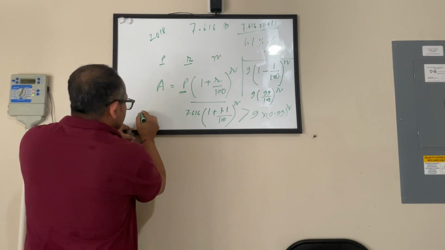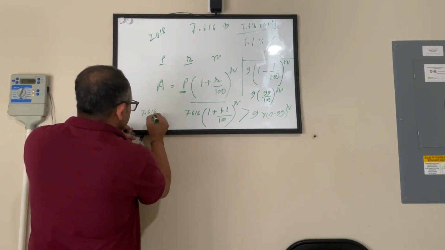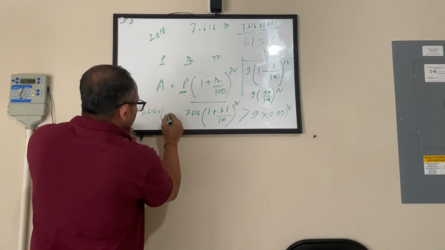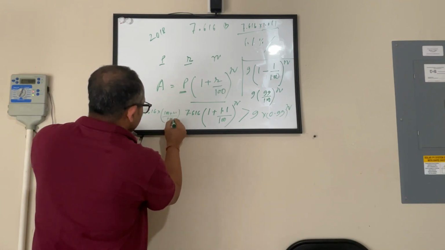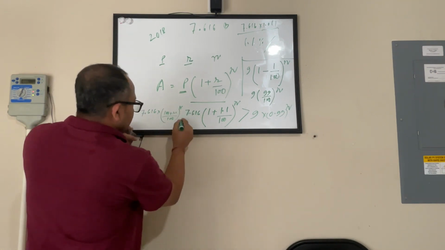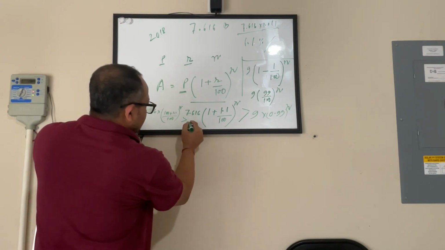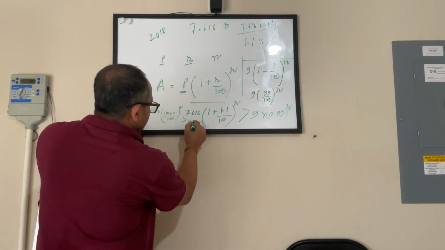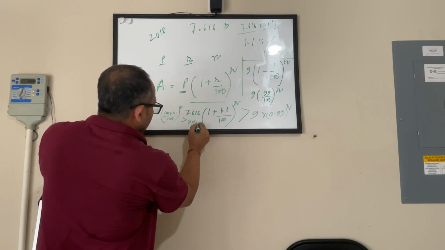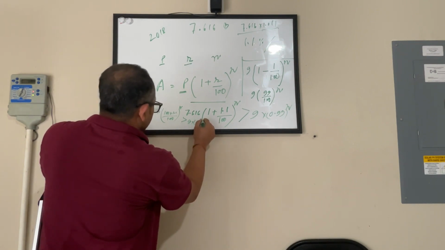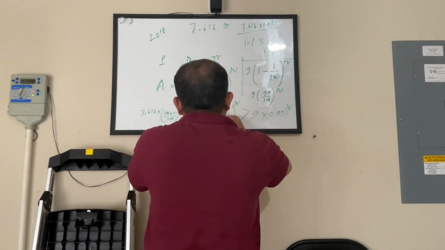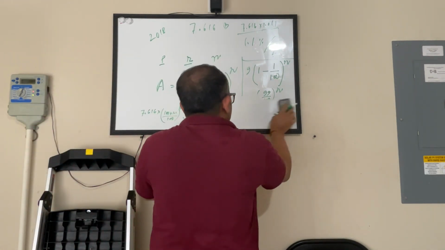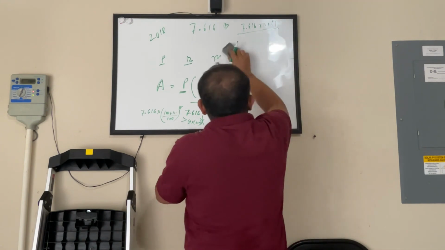This becomes 7.616 into (100 plus 1.1) by 100 to the power n is greater than 9 into 0.99 to the power n. Now we'll have to find out how do we solve this equation for n.